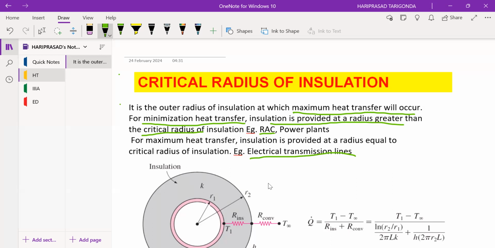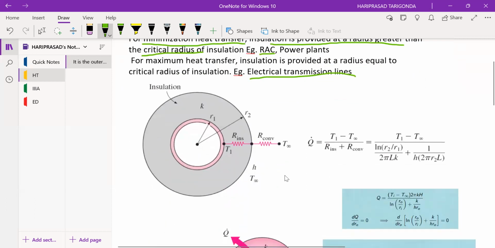In order to derive the expression for critical radius of insulation, let us consider an insulating layer as shown in the figure. Here the various parameters of the insulating layer are mentioned. R1 and R2 are the inside and outside radius.